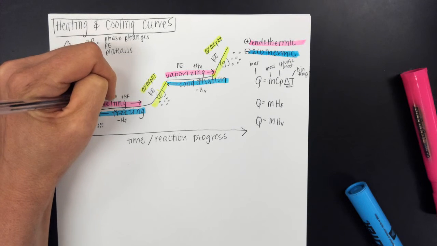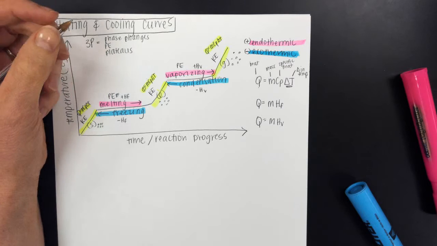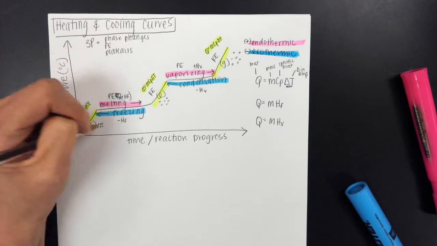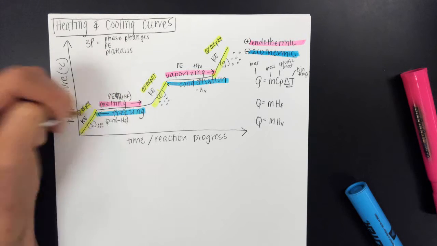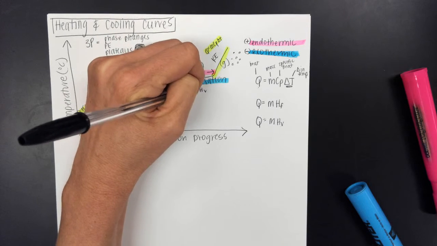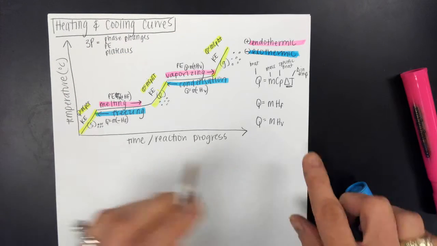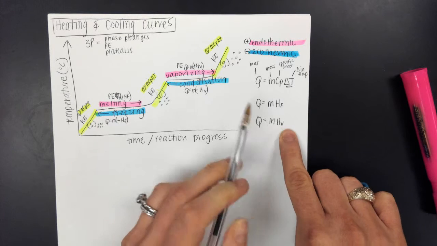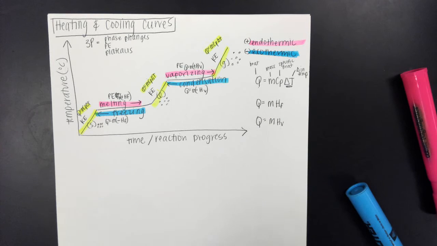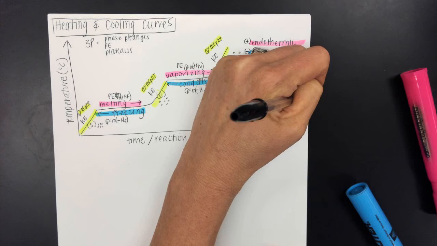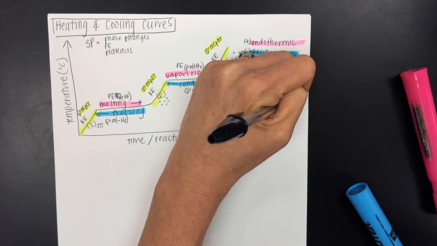Q equals mass times heat of fusion, and Q equals mass times heat of vaporization. These are numbers, heat of fusion and heat of vaporization. For water, the heat of fusion is 334 joules per gram, and that could be positive or negative.